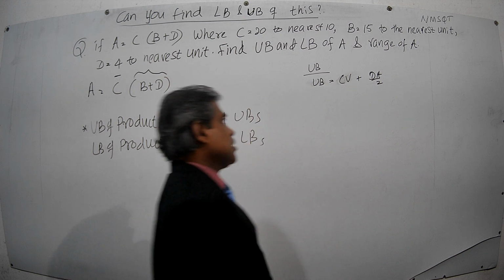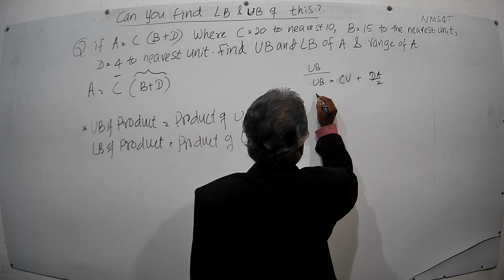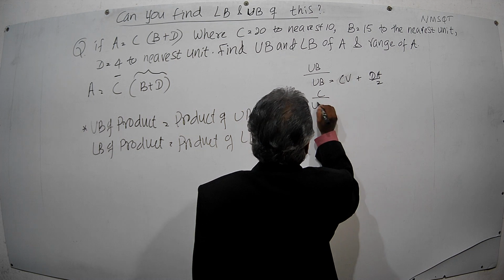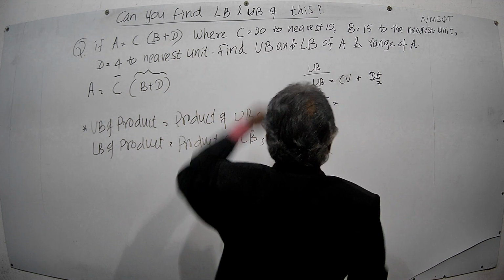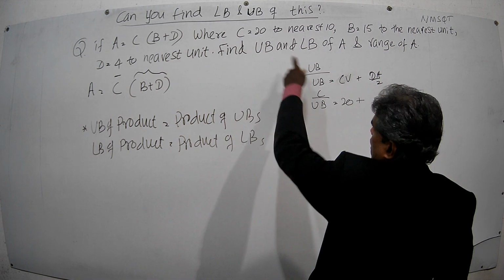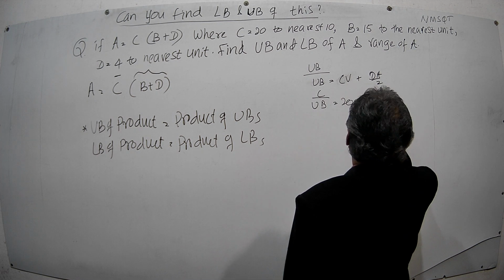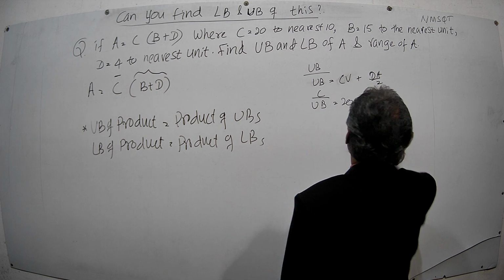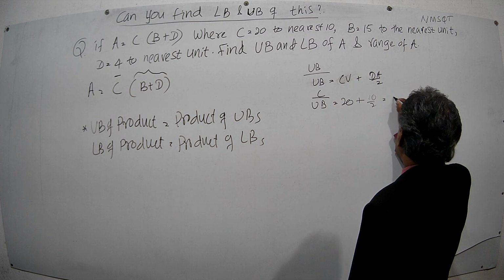So this is the principle. Therefore we will find the upper bound of C. Upper bound of C equals the corrected value of C, 20, plus the degree of accuracy to which the value of C has been written, that is 10, divided by 2. Then you get upper bound of C as 25.